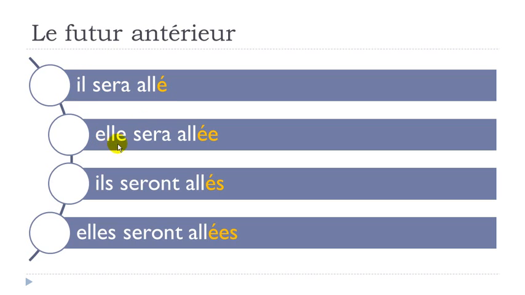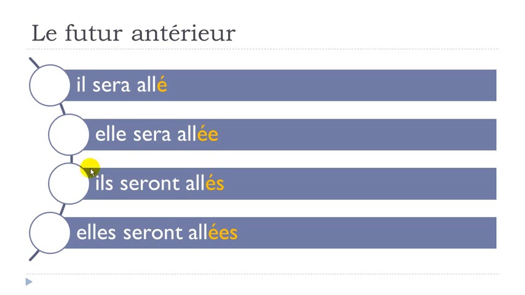But if you've got here the feminine form, elle sera allée, you will have to add this mark of the feminine at the end of your participe passé form. You don't pronounce it, but still you need to write it. So remember, a mark of the feminine singular.